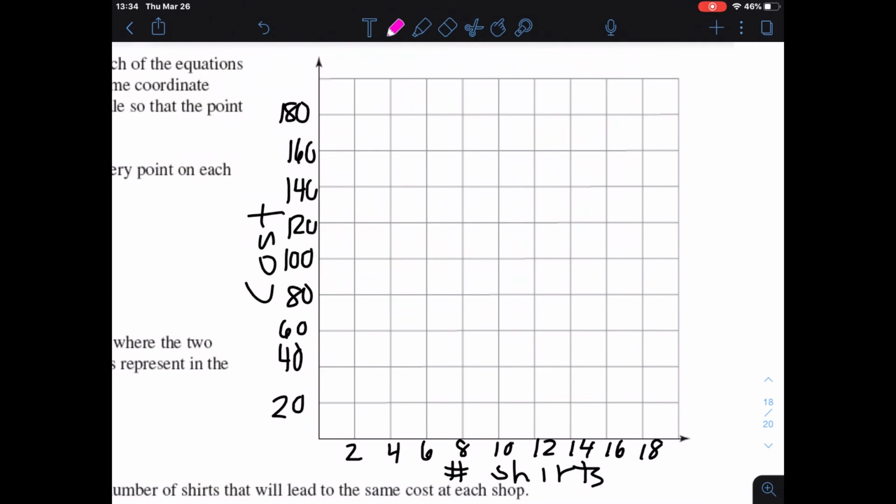So for the Shirt Shack, if you order no shirts, it's no dollars. If you order 2 shirts, it's around 18. If you order 12 shirts, it's going to be $108, which is right around here. So this would be our Shirt Shack. If we look at the next one, you have that initial $22 setup fee.